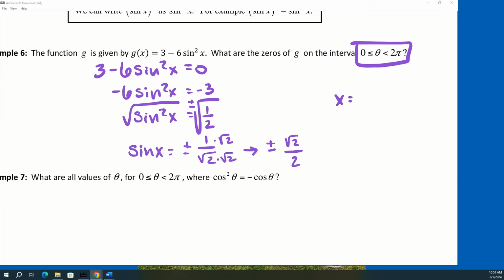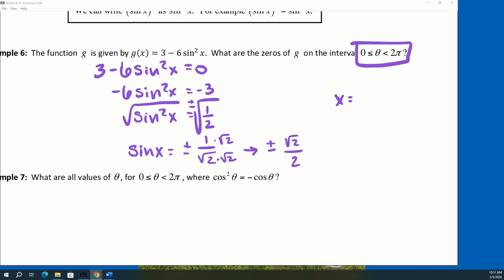So what we want on this one is, on the unit circle, all of the angles where the y-coordinate is either positive or negative square root of 2 over 2. So look at your unit circle, see what you think. There's going to be 4 answers on this one.